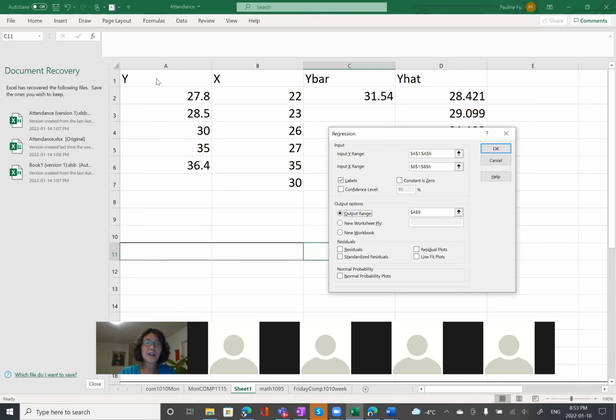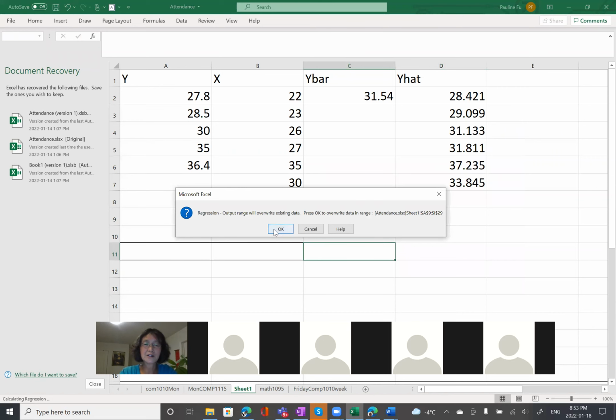You select from A1 to A6, that is Y. A1 is the label heading, so you check the Labels box. Then for the input X range, you select B1 to B6. After that, you specify where you want to put the output. I want to put the output starting from A9, so I select that. Then you click the OK button. You will get the result.